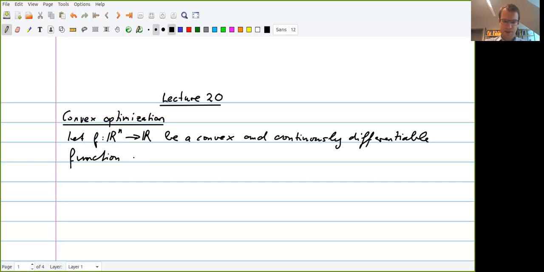And then we also have a set of constraints, which is here given by a set of functions h_j, also mapping from R^n to R, and there might be more than one. These are linear functions.